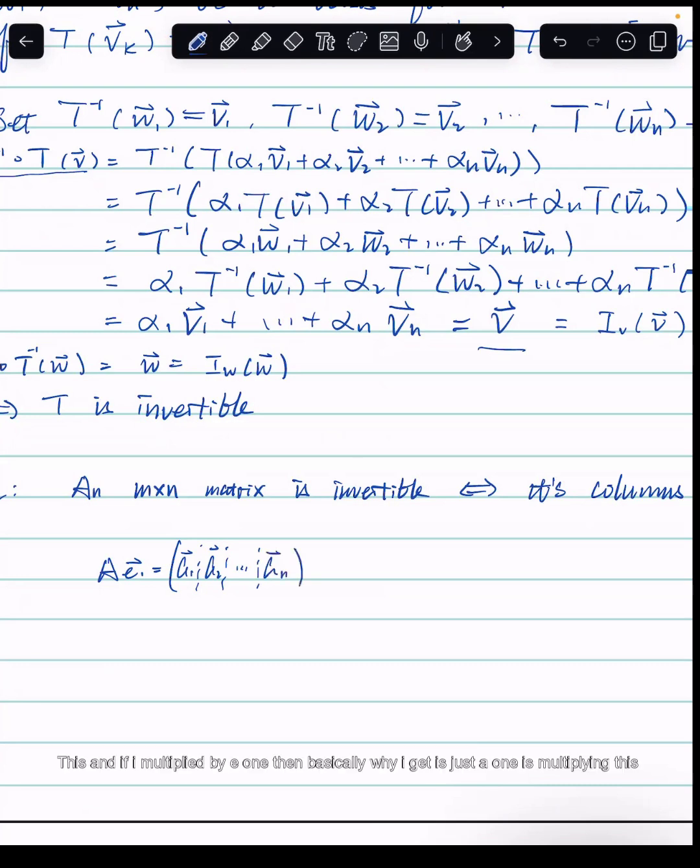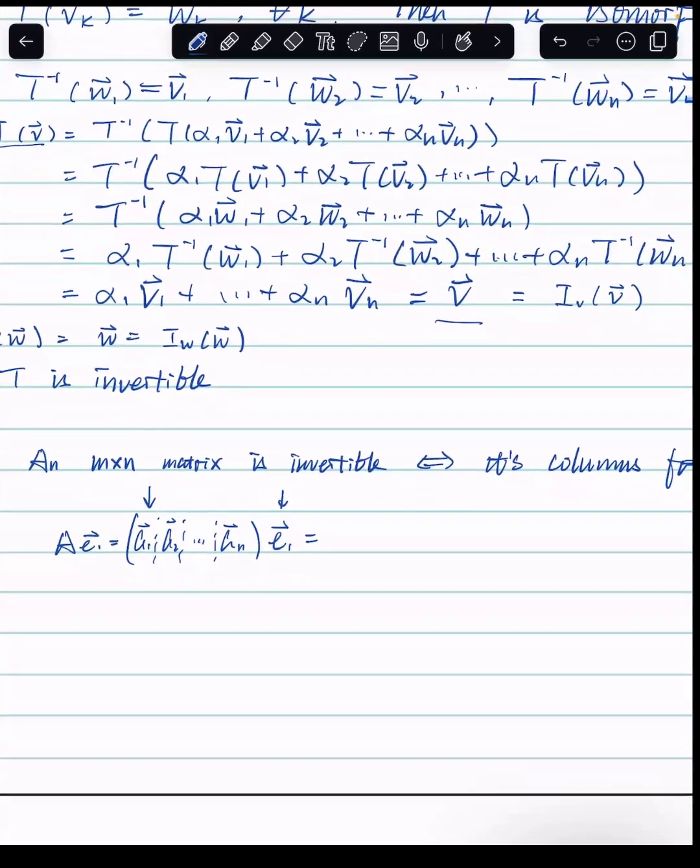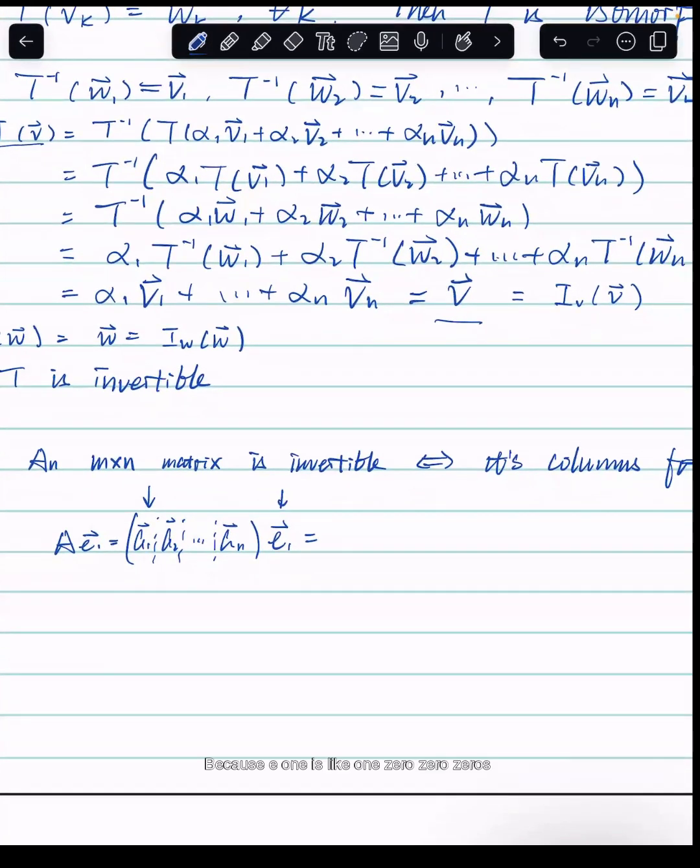Okay, I have a matrix that looks like this. If I multiply by E1, then what I get is just A1, because E1 is like 1, 0, 0, 0.